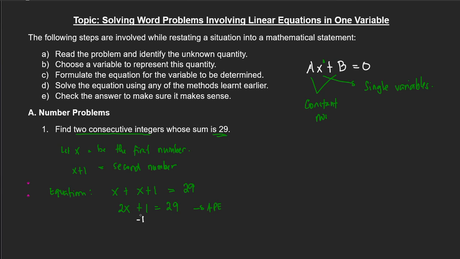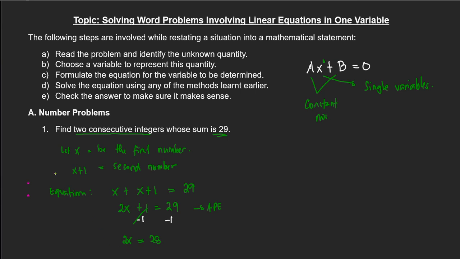So, ibig sabihin, if nag-subtract tayo ng 1 dito, of course, we have to subtract 1 as well dito sa kabila. So this part is cancelled out. So yung matira na lang will be 2x, then equal 29 minus 1, that will be 28.